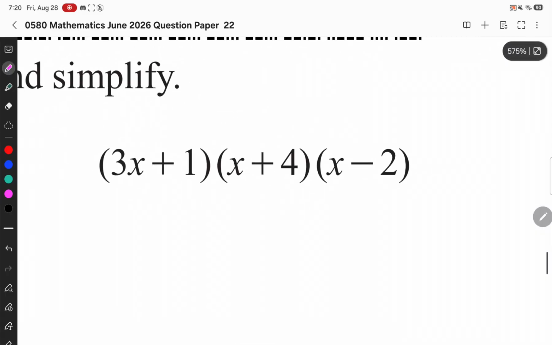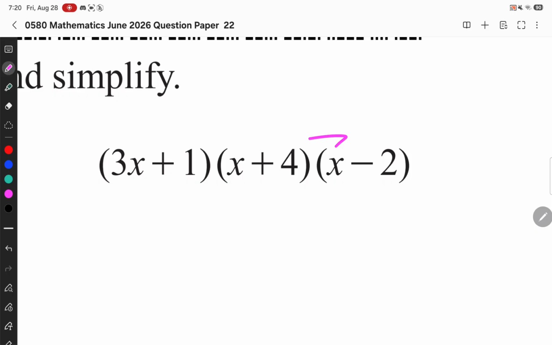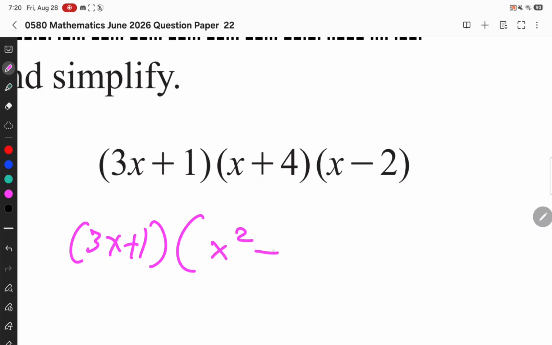Expand and simplify. So this is the distributive law 3 times. Let's do these two. So you get 3x plus 1 is equal to x squared plus 2x minus 8.